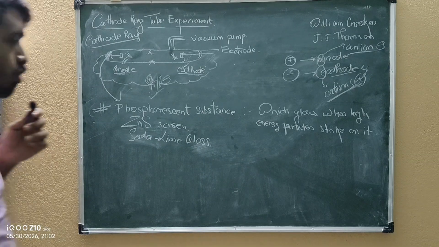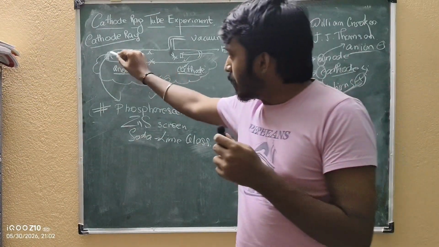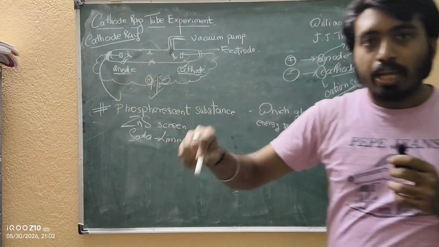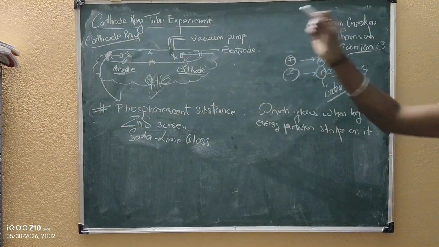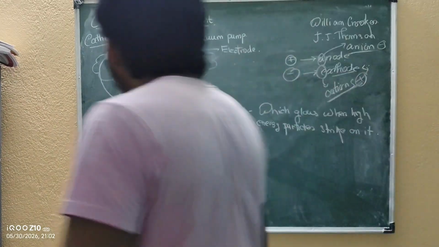Okay, whatever. So we are placing the phosphorescent material behind the anode so that the cathode ray, which is traveling from cathode to anode, can strike the zinc sulfide screen. Now you think, to strike the zinc sulfide screen, what has to be done?